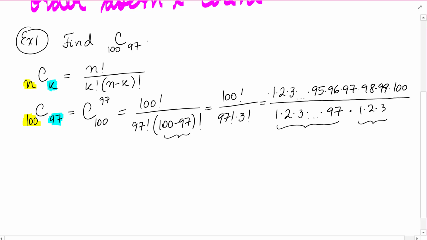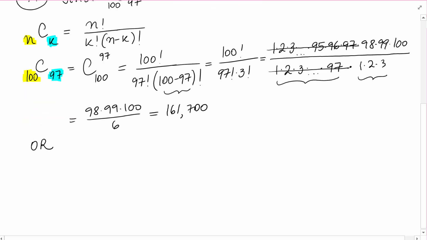All these numbers cancel, so we end up with 98 times 99 times 100 over 1 times 2 times 3, which is 6. Doing the math, we get 161,700.